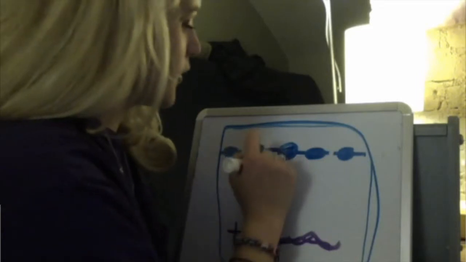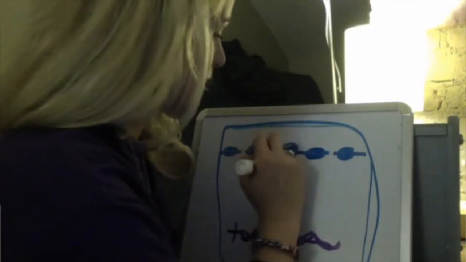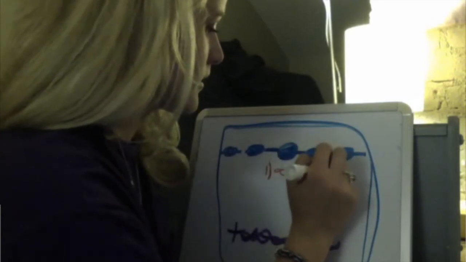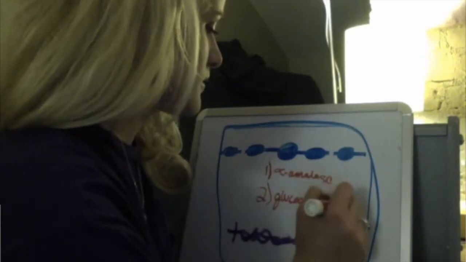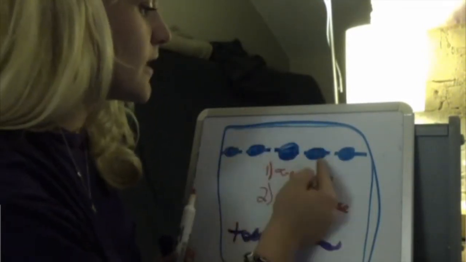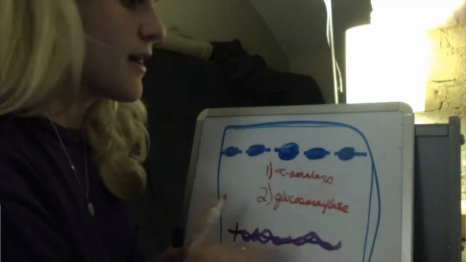So now they're oligosaccharides, and you've already added one enzyme to chop, and that was alpha amylase. And then the second one added is glucoamylase. Glucoamylase is going to go in and leave you with single glucose units plus your water. And that is where you have corn syrup.